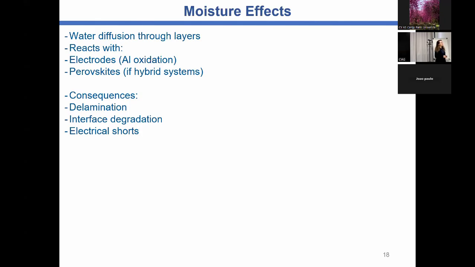Also, the silver can interact with the moisture. It usually happens with the electrodes because the electrodes are usually the first material to meet the moisture, so it impacts directly the electrodes.